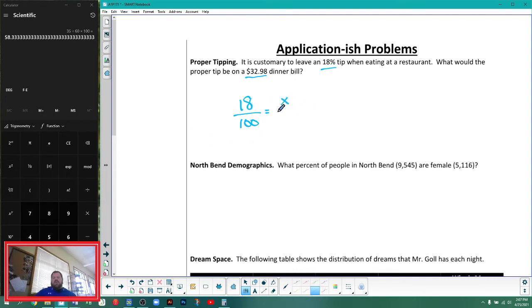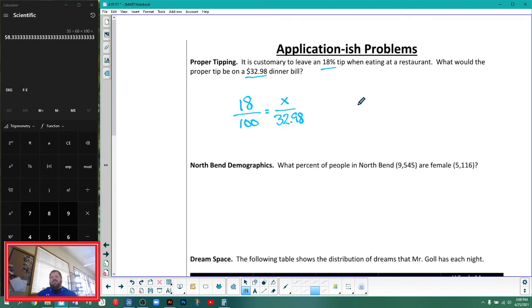So I am actually looking for the is. And another way to keep that in mind, if you do it the wrong way, you're going to be tipping a lot, like a lot. So we're going to find a tip, and obviously the tip on a dinner bill on how much you're paying is not very much money.